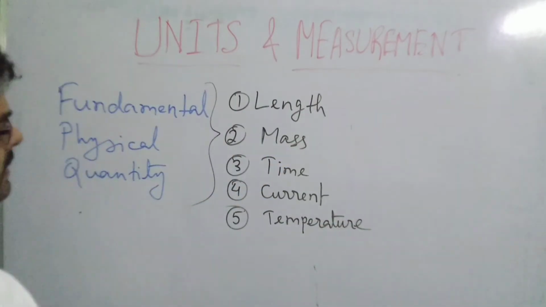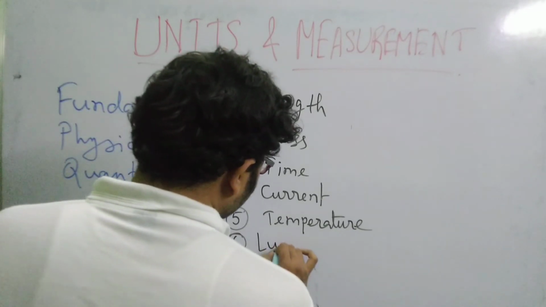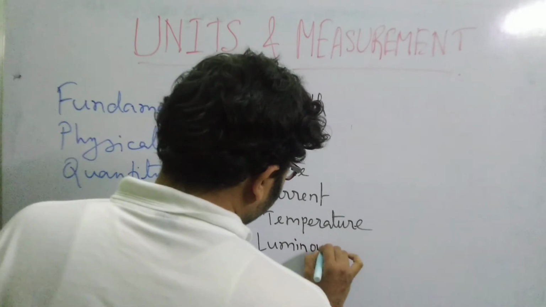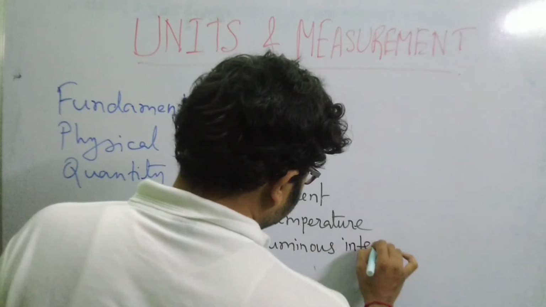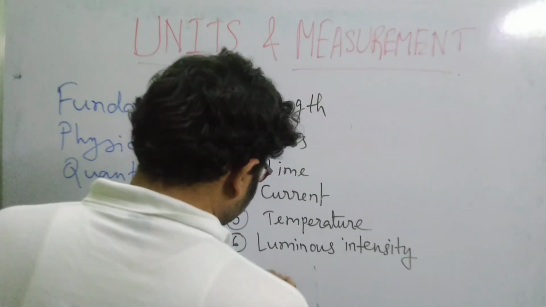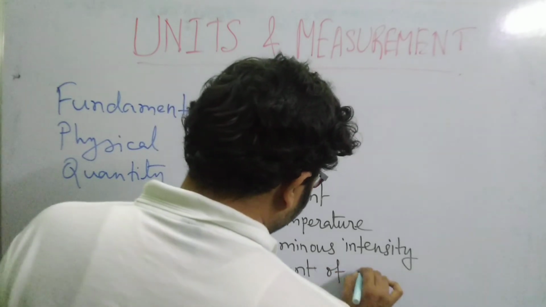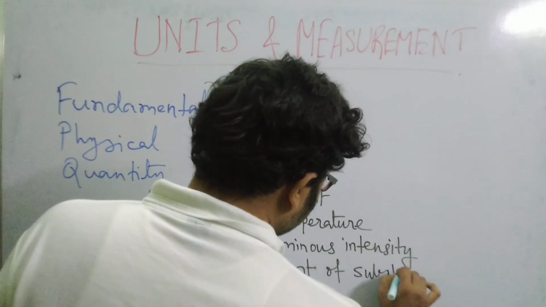Sixth one is luminous intensity. And seventh one is amount of substance.